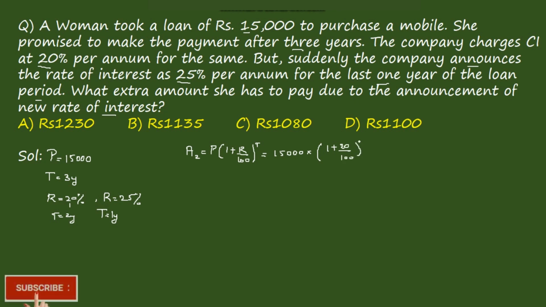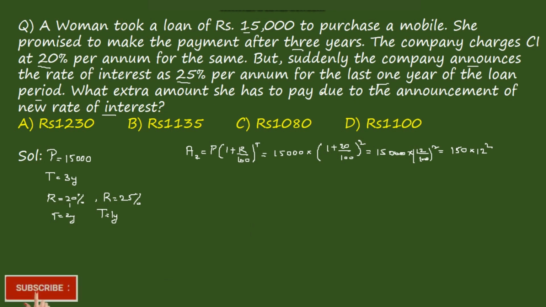You're finding for 2 years, whole square, which is equal to 1500 into 12 by 10 whole square, right? Here 2 zeros and 10 will cancel, it becomes 150 into 12 square, right? Amount paid for 2 years, right?